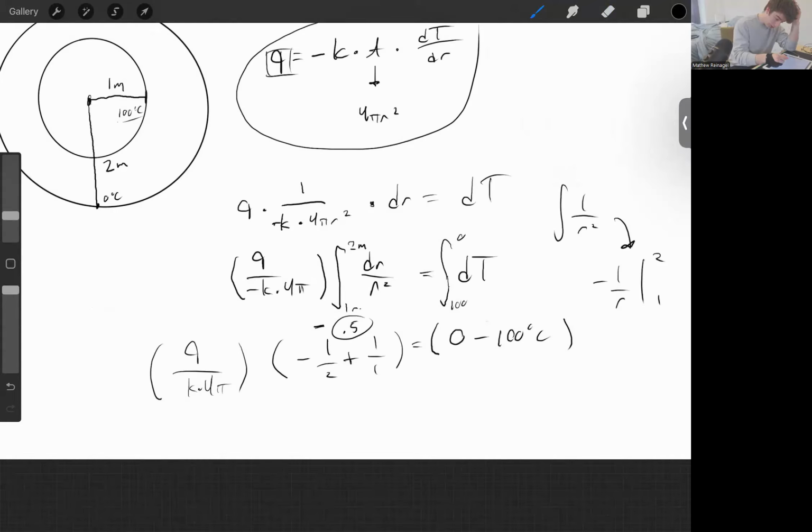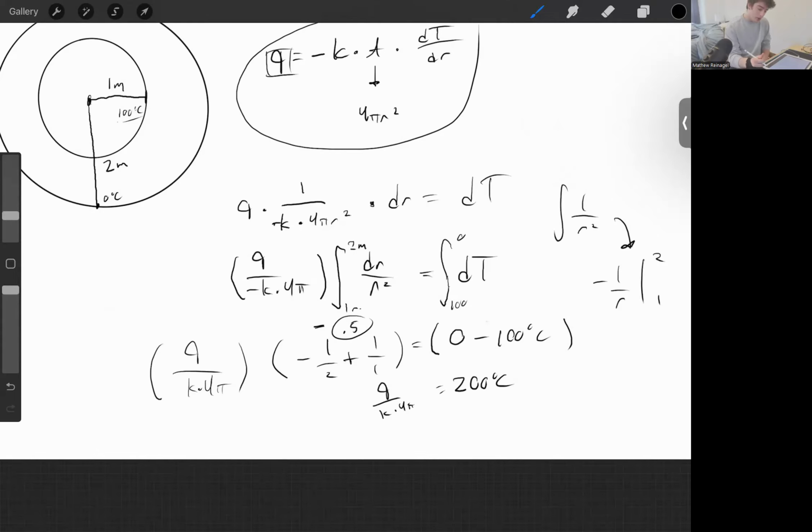This is because if we divide the negative 100 by the negative 0.5 over here, we get a positive temperature of 200 degrees Celsius, which makes a lot more sense quantitatively over here. So we have 200 degrees Celsius. We're going to set it equal to Q over K times 4 pi.